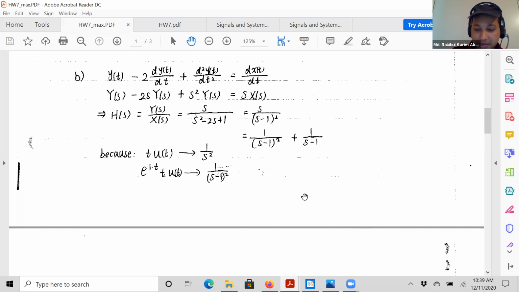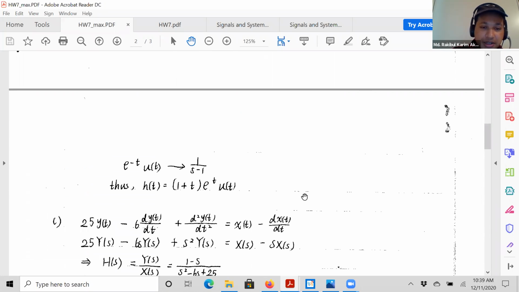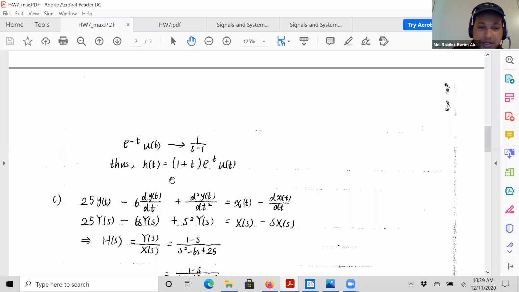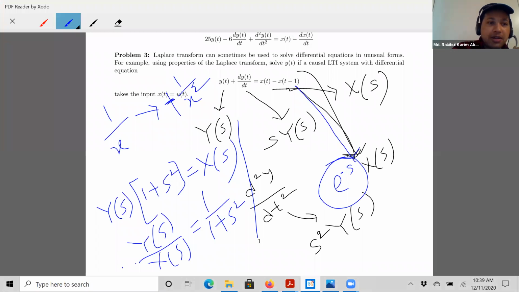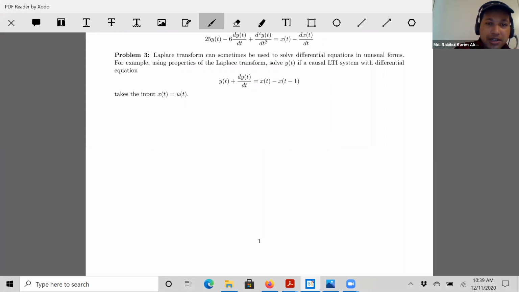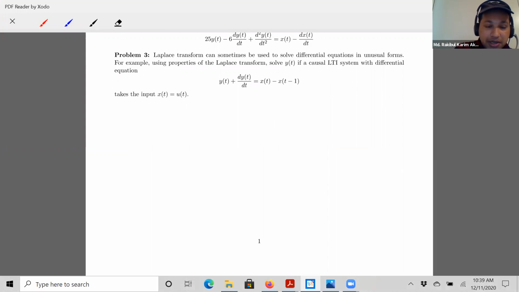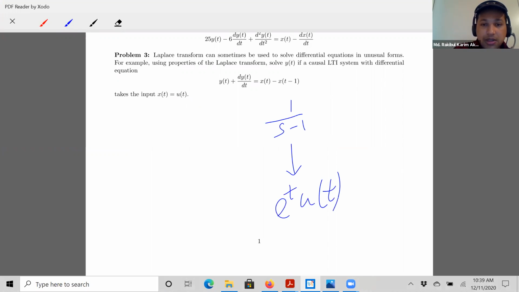Then you add up. That is written here. If I write it one more time here, from the first part, when it was 1 by s minus 1, it gives you e to the power t ut, and there was a plus sign, 1 by s minus 1 whole square.